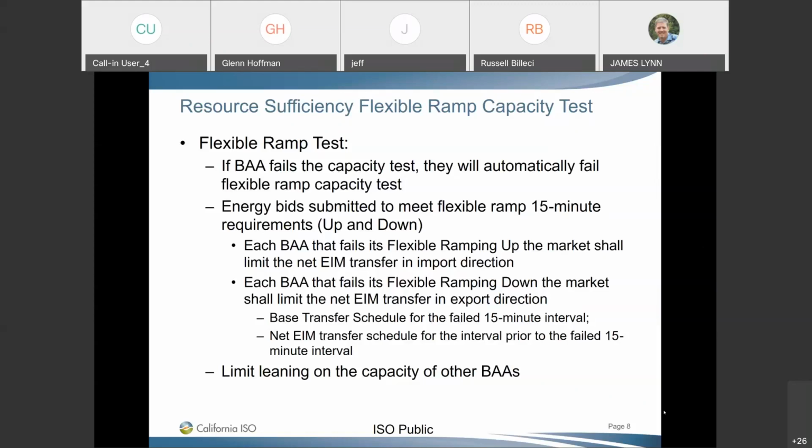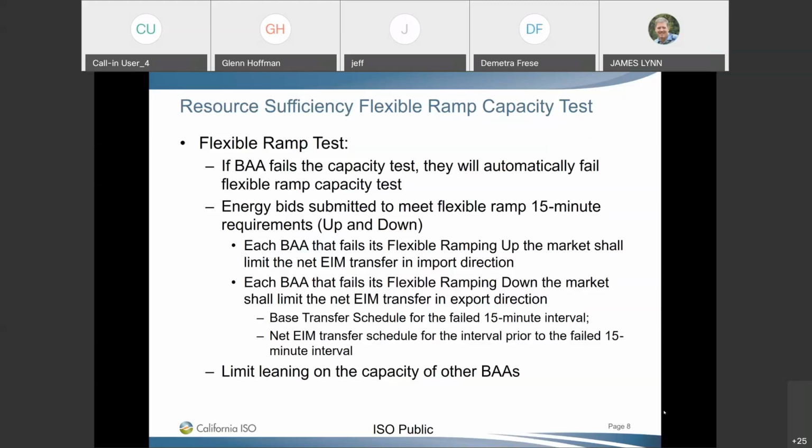The flexible ramp charge codes are only impacted in the sense that your energy may not be used to resolve the EIM, or your flexible awards are not being used when we're determining the EIM area requirement.